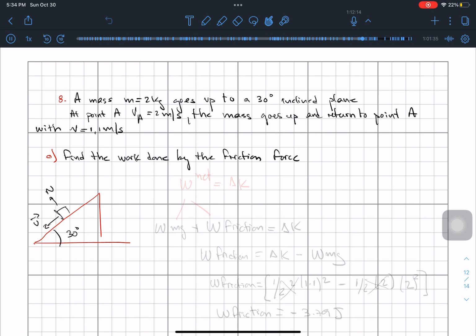So to solve this first part, we're going to use the following equation.